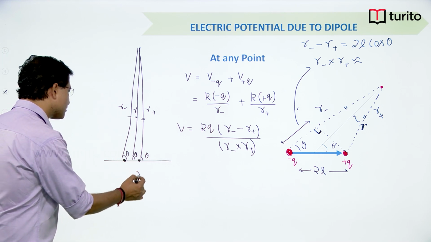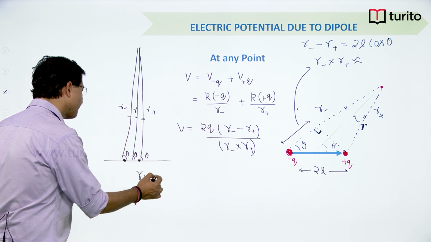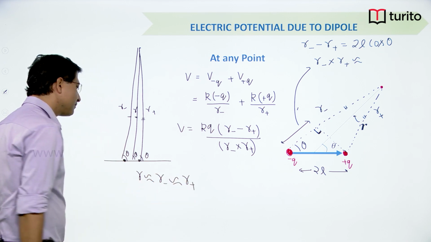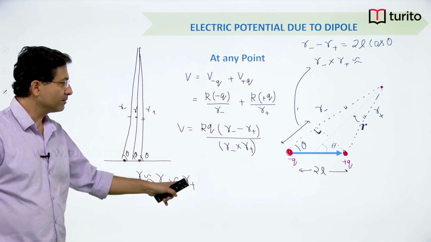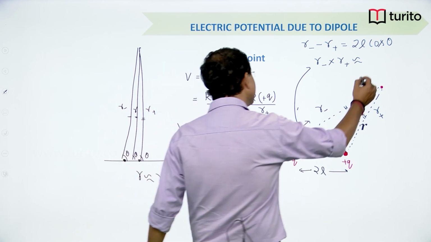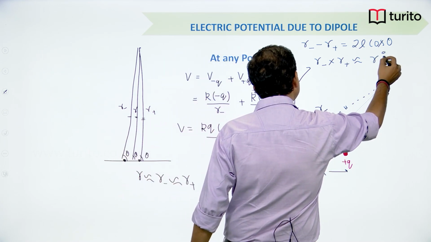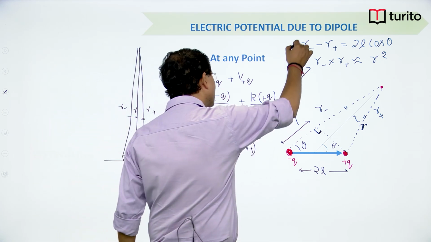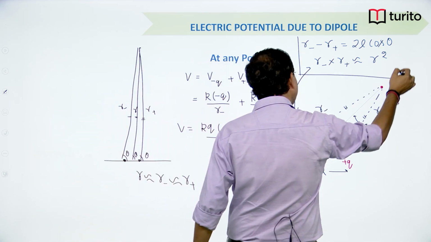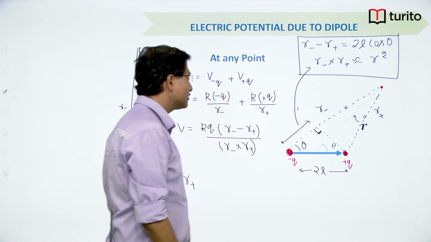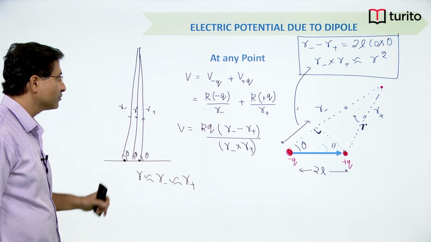They all are approximately the same. If they all are approximately the same, r minus into r plus can be approximately written as r square. So I hope these two are clear. From the diagram and approximation we got these two values, and now we can substitute them here.